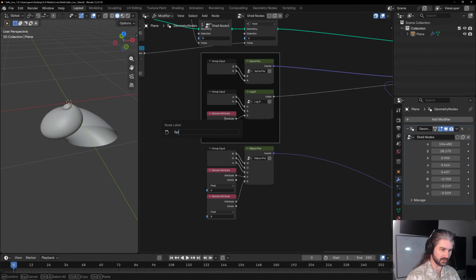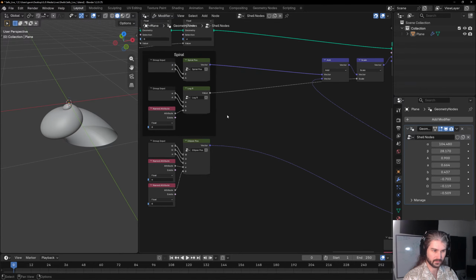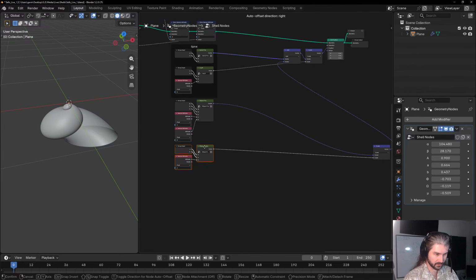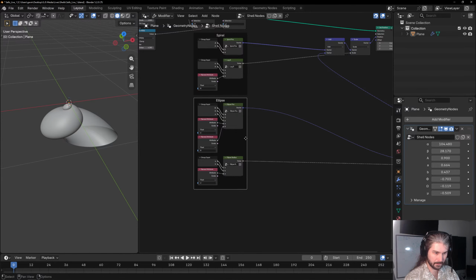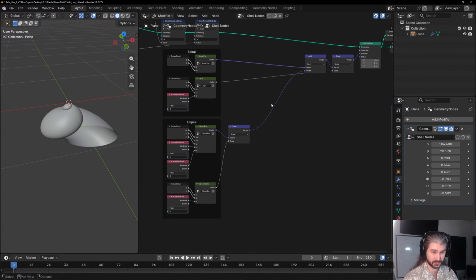I keep calling it helix, but you could also call it a spiral. This is for the ellipse. We have the ellipse pose and radius. Okay, so that is the basic shell.